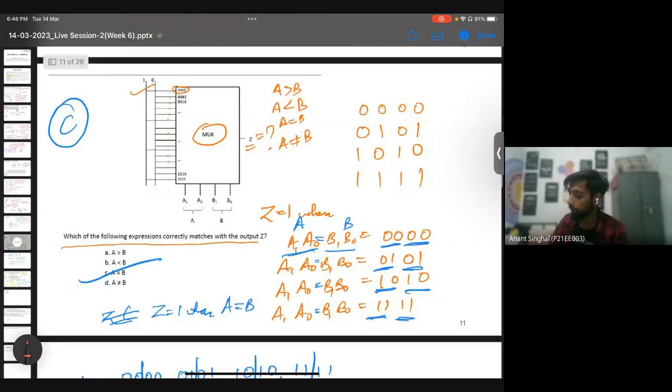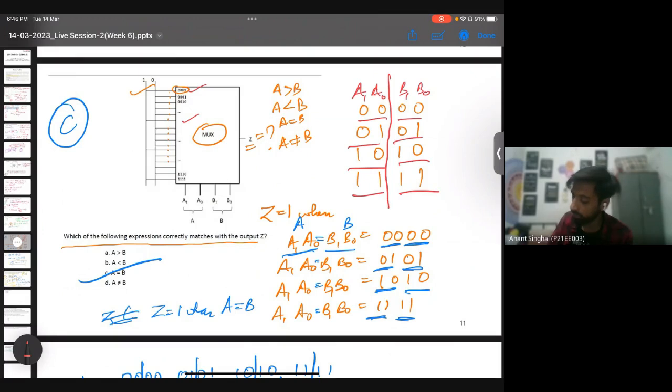And then a simple mux question in which certain outputs were connected to one, and we checked all the cases: A1 A0 was always equal to B1 B0. We got to know that the output Z will be high when A is equal to B.